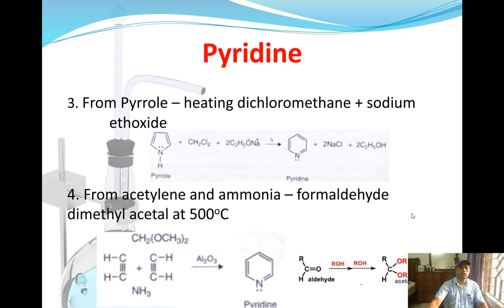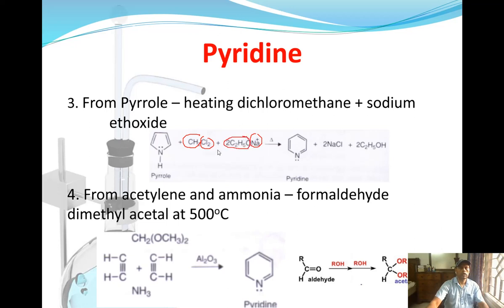The third method of synthesis is from pyrrole. You have to heat pyrrole with dichloromethane and sodium ethoxide. This is sodium and this is your ethoxide.